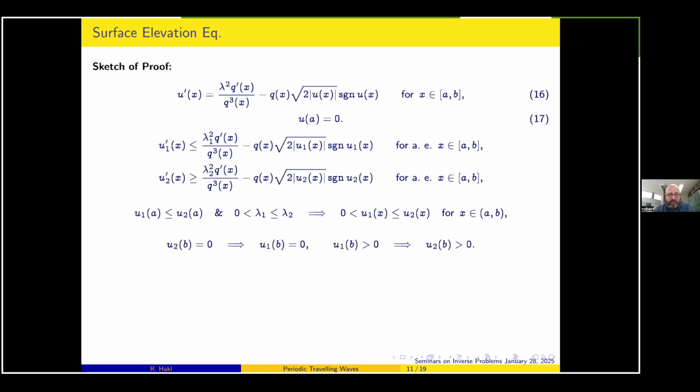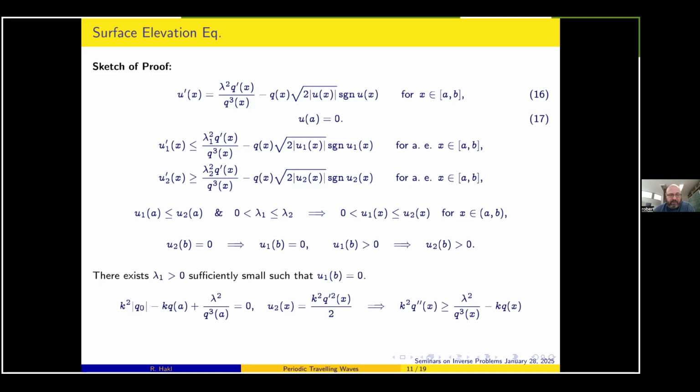This, of course, means that if the function u sub 2 at point B is 0, then necessarily u sub 1 at the point B is also equal to 0. And on the contrary, if u sub 1 at the point B is positive, then u sub 2 at the point B is also positive.